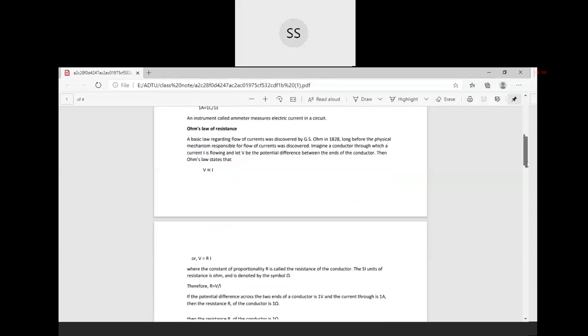Next is Ohm's law of resistance. I think we have already discussed Ohm's law in the practical class, that according to Ohm's law, potential difference is directly proportional to electric current, right?